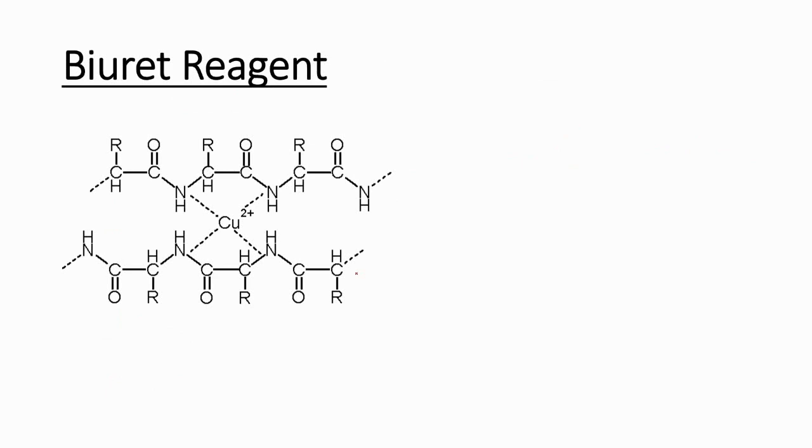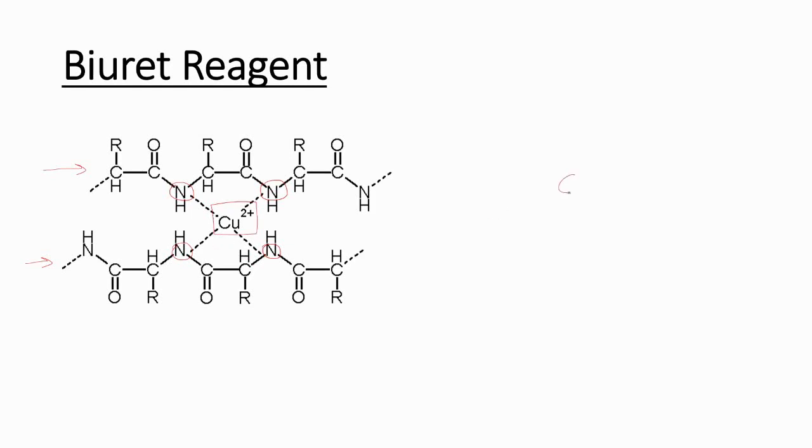So how does Biuret reagent work in detecting proteins? Well, here we see we have two polypeptide molecules. We have one here and another one there. And you can see there's 4 nitrogens as shown here. And those 4 nitrogens are forming coordinate bonds with the central transition metal ion. This is known now as a complex ion.